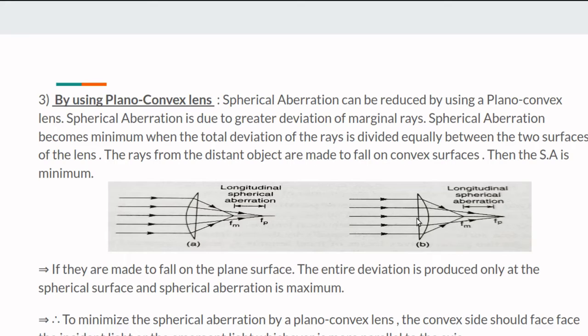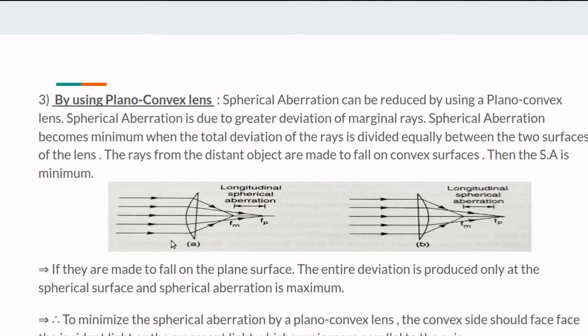If the plane surface is facing the incident rays, then the distance between FM and FP increases. Therefore, in this case, the distance between FM and FP is small. So in plano-convex lenses, the convex side should face the parallel beam. Then only the longitudinal spherical aberration is minimized. If the plane surface is towards the incident parallel rays, then the defect increases.